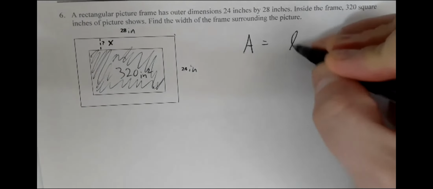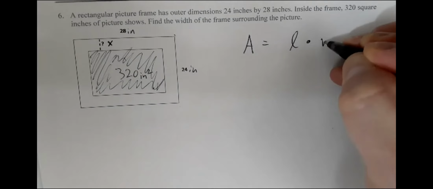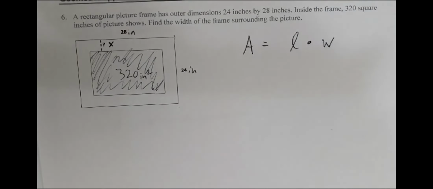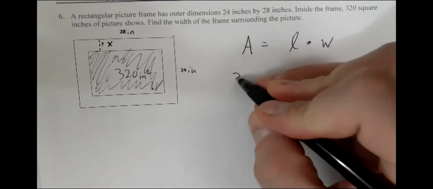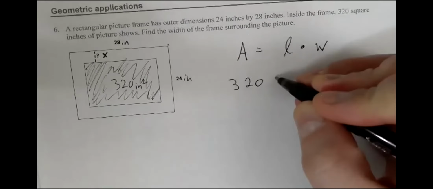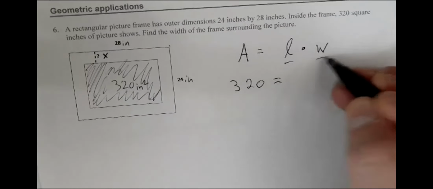So I know my area is my length times my width. I'm trying to find my length. I'm trying to find my width. I know my area, and they're giving me the area of the inside is 320. But I need to find the length and the width of the inside.